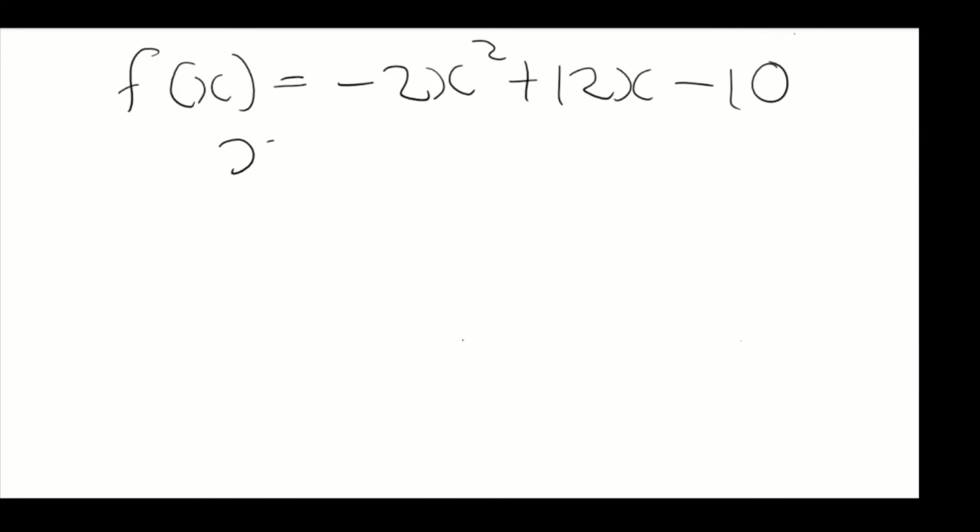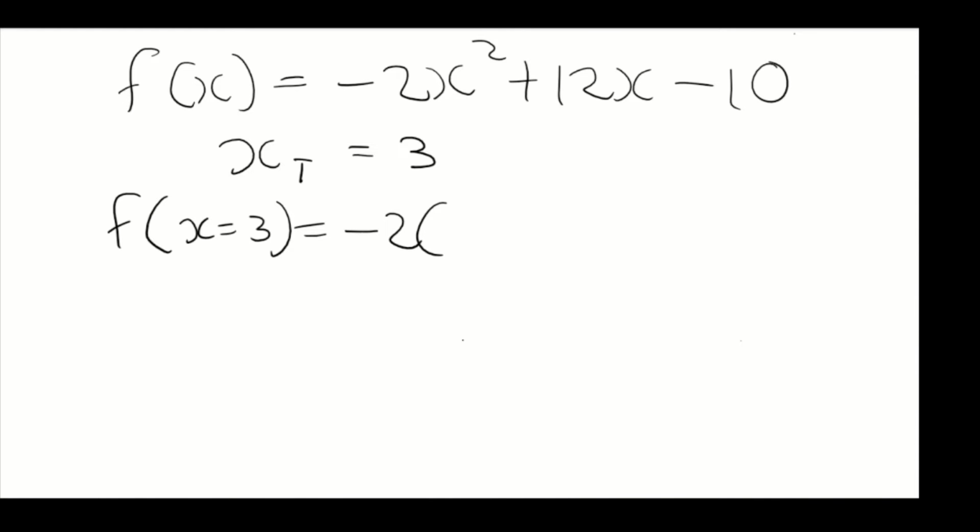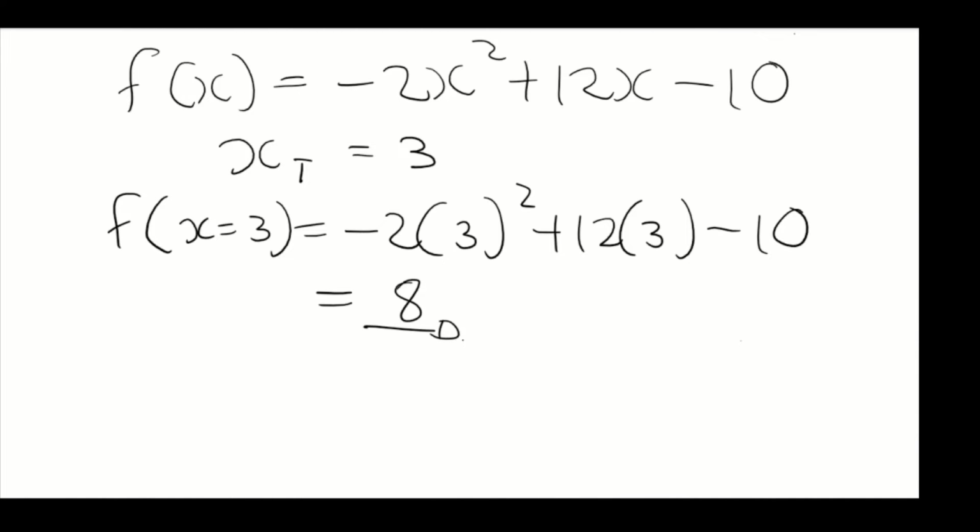And we already know the x value of the turning point, which is equal to 3. We're simply going to substitute x equals 3 into our f of x to find the y value of the turning point. If you punch your calculator, you will find that the y value of the turning point is equal to 8. So therefore our k value is equal to 8.